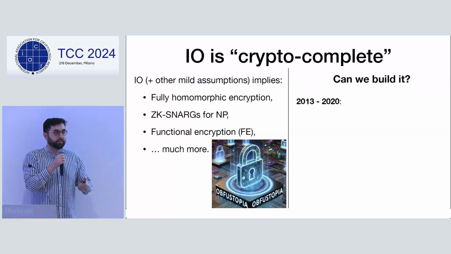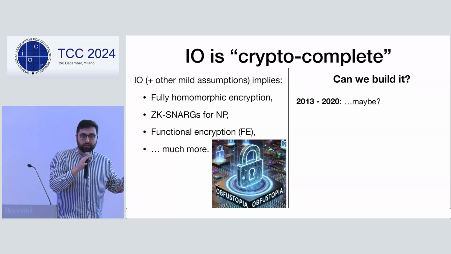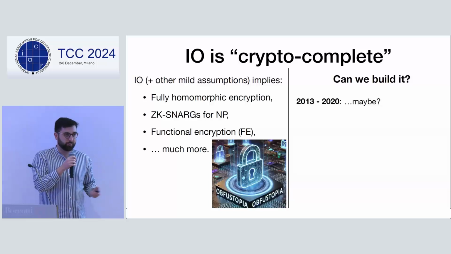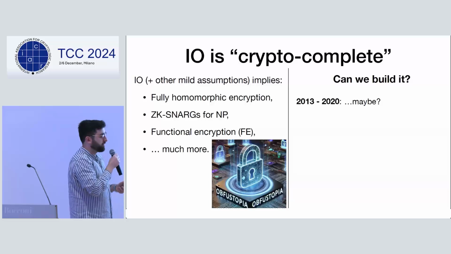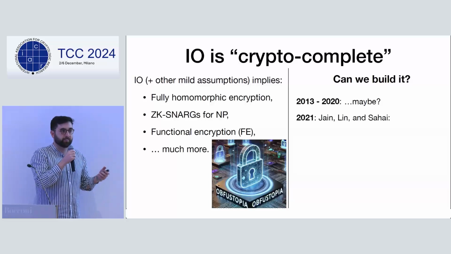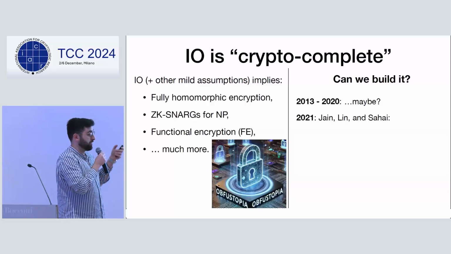I'll summarize the history from 2013 to 2020 as a maybe as to whether we can build this, with a series of constructions and breaks and back and forth. But then in 2021, Jain, Lin, and Sahai answered the question of can we build it with yes we can.